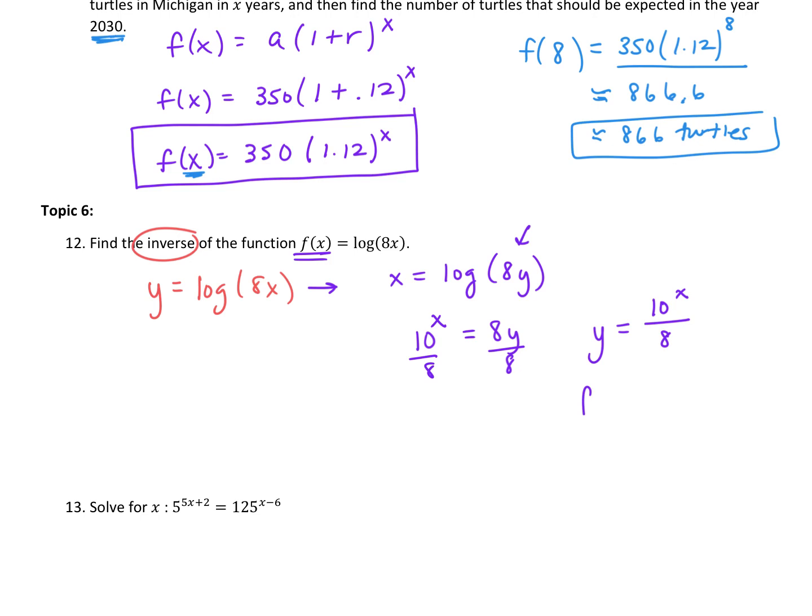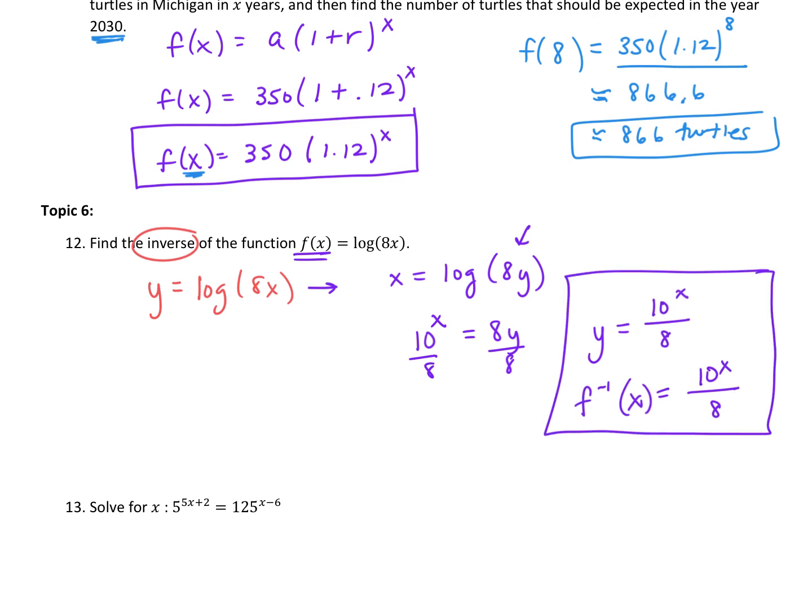Here's our notation, f to the negative 1 equals 10 to the x over 8. So that's the inverse function of x. So we could write it both of these ways. If you notice, the function itself is 10 to the x over 8. It's just a matter of our label out front. Both of those would be good.